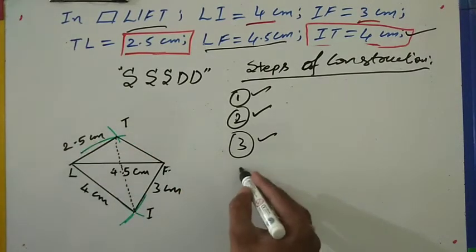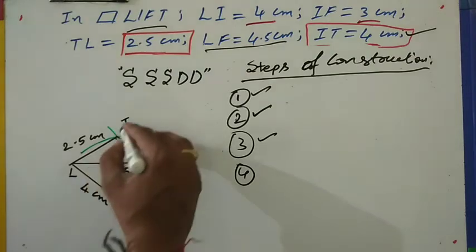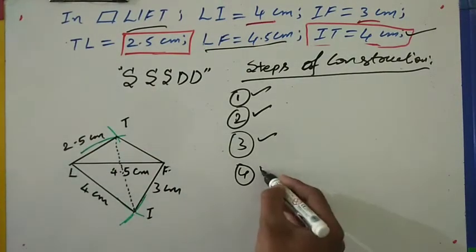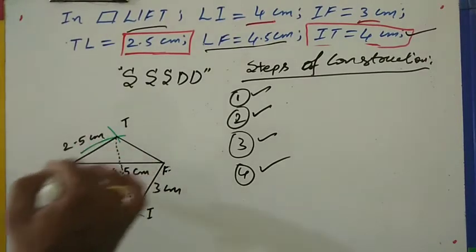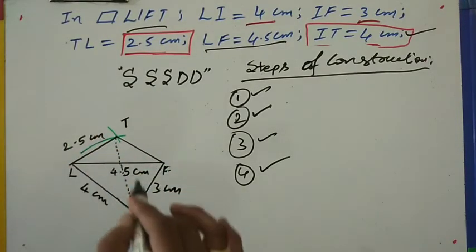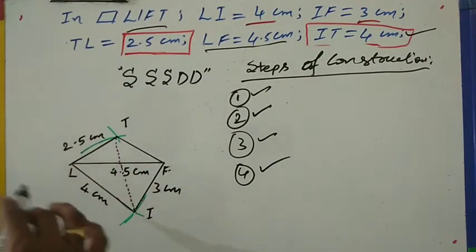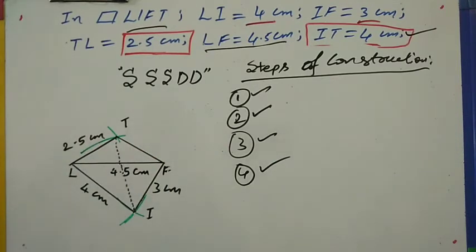Name the point of intersection of arcs as T. This is the 4th point. Join LT, TF, thus the quadrilateral LIFT is formed. So, these are the 4 important steps of construction to be written.